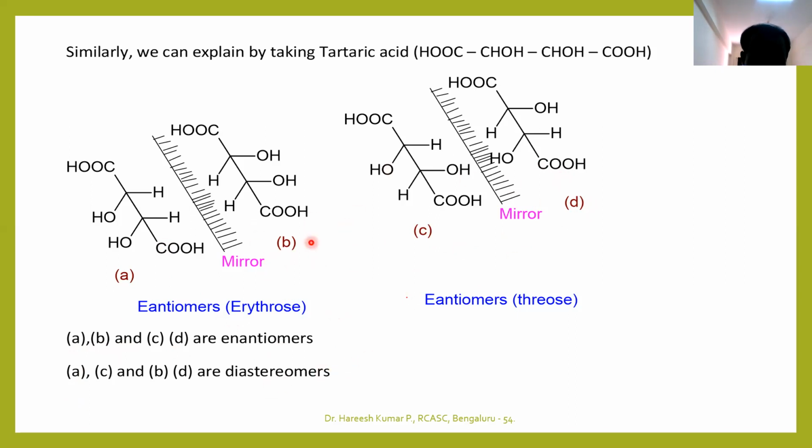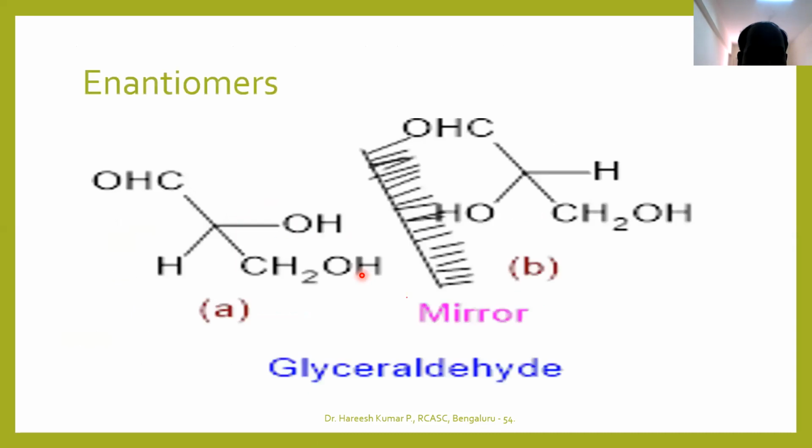Of course, this is the best example, and you can also give the previous one. So this is about enantiomers and diastereomers in compounds having two chiral carbon atoms. With this, I can go to the next slide.